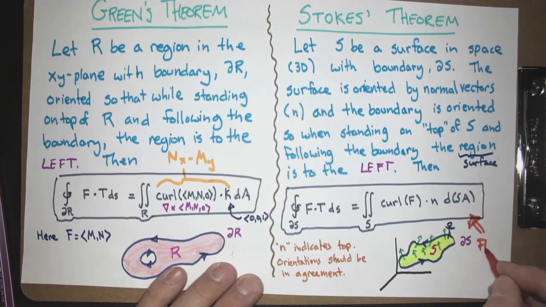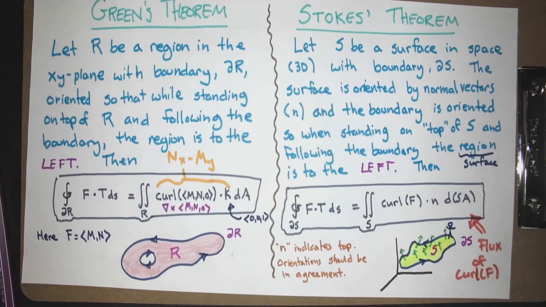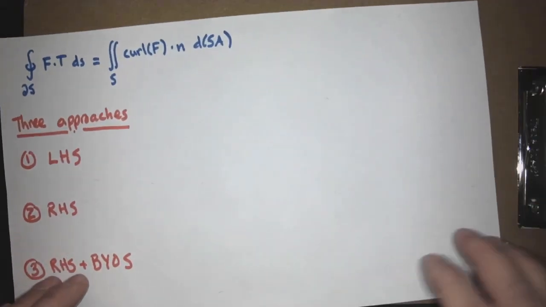This is a flux of curl of F. So it's the same type of surface integrals that we just saw a few minutes before. All right. So when it comes to making this computation, we have three options.